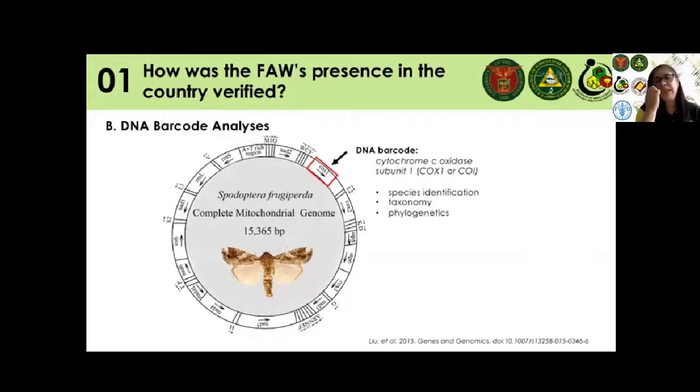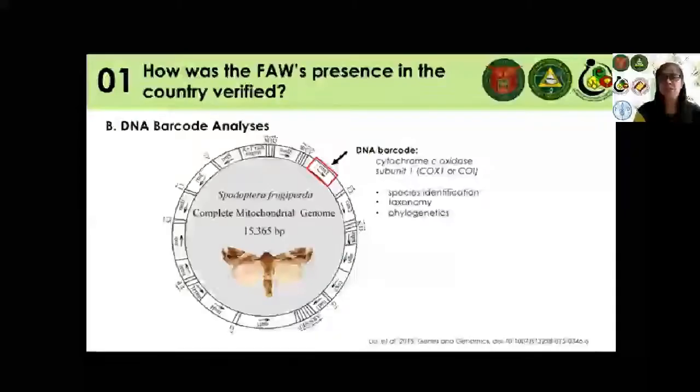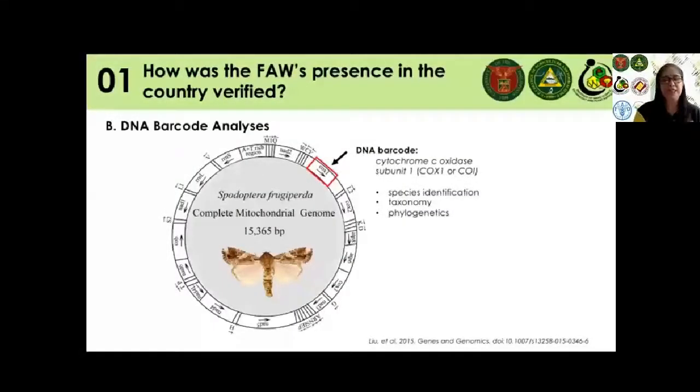The commonly used DNA barcode for animals, the cytochrome c oxidase subunit 1, or COI, is found in the mitogenome. It is highly efficient for discriminating vertebrate and invertebrate species and has been proposed as the universal barcode locus.